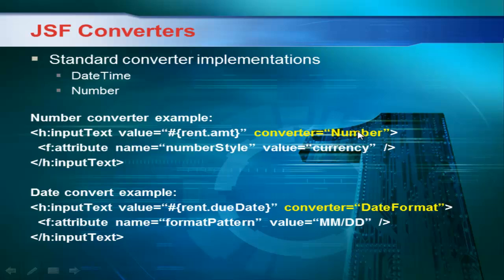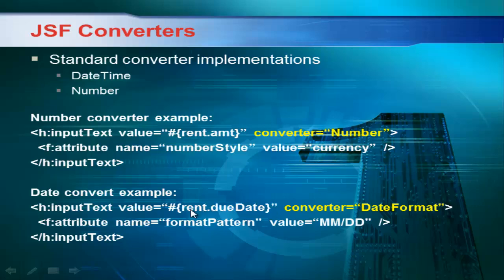That's not the end of it. Then what I say here is, when you use this converter, see to it that it is changed in a number style of currency. That means I want that text to be converted into number. It's not the end of it. Plus, I want it to be converted into a currency format.